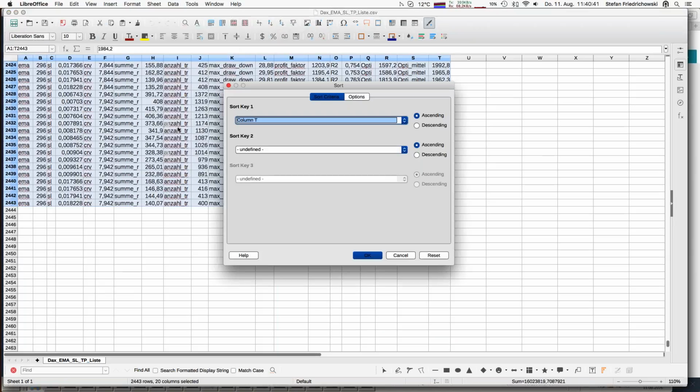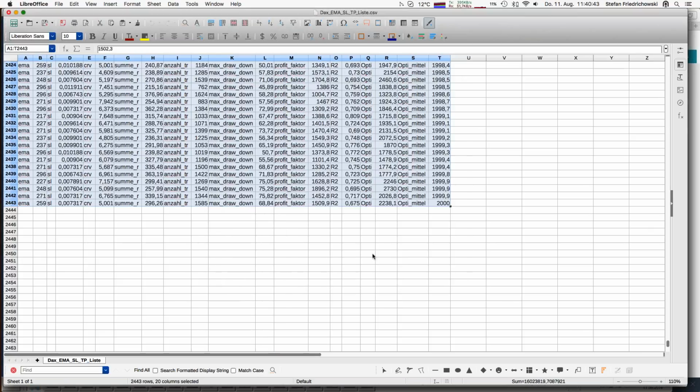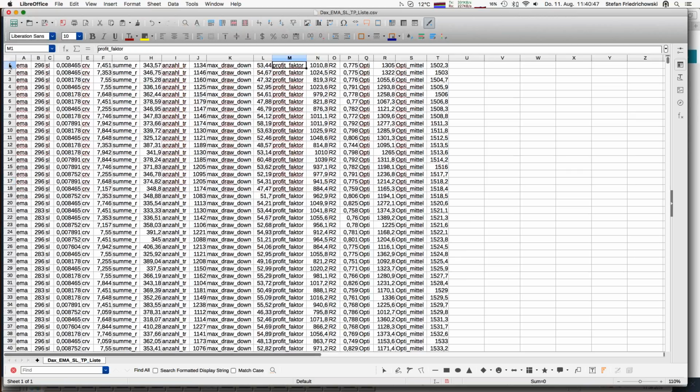Now this is here that we sort that list, and now we have the best one in the first row. So that is the global minimum in the average space, and that is the numbers we should go for. So we have an EMA value of nearly 300, 296, 0.8% stop loss, and risk reward ratio of 7.4. Let me try to remember those numbers, or I copy them.